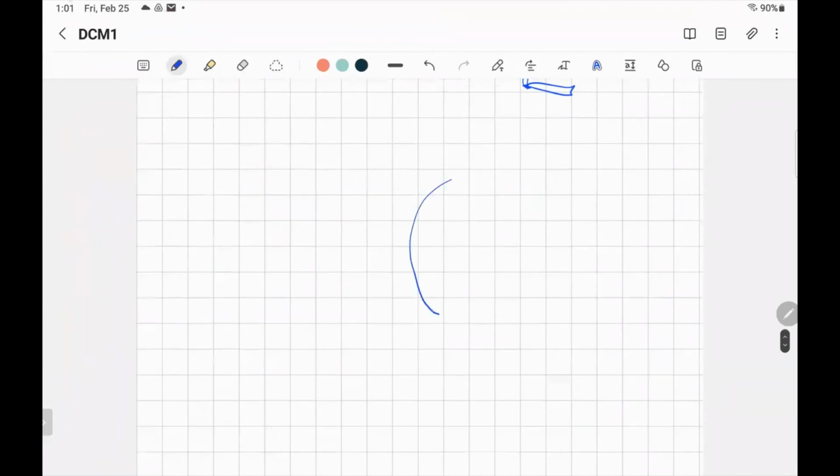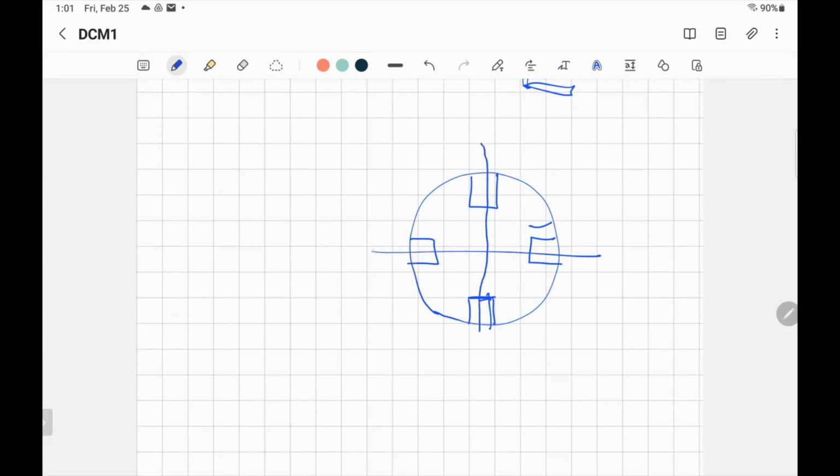Let's say this is the stator, and you have 4 poles: 1, 2, 3, 4. Of course, the distance should not be very huge.